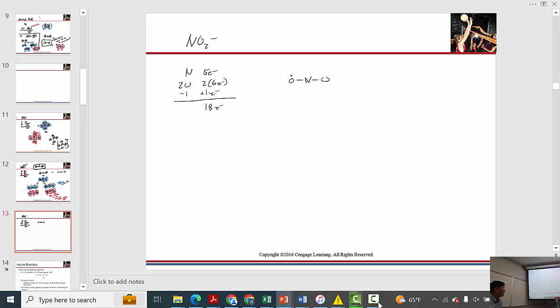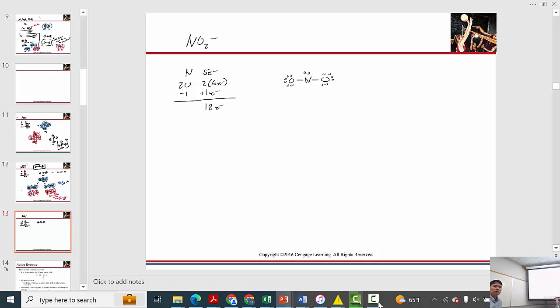And then we complete the octets to the terminal atoms, and that brings us to how many electrons now? 2, 4, 6, 8, 10, 12, 14, 16 electrons. We have 18 electrons, so that means we have 2 extra electrons. Where should we put the 2 extra electrons?